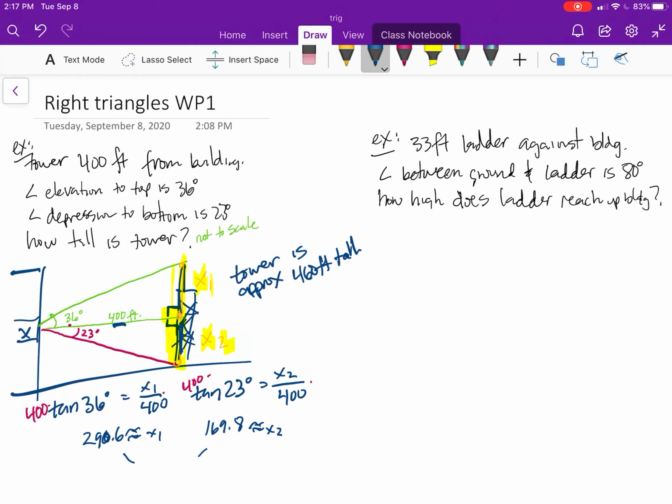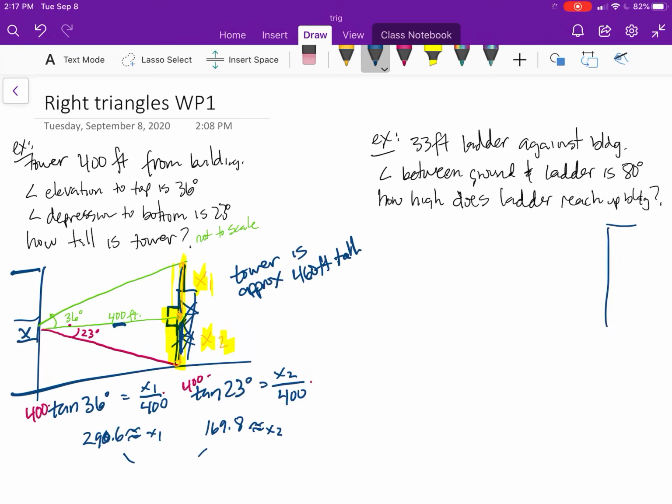All right. In this next example, a 33-foot ladder. Let me go ahead and read the entire problem, but I think what I have is almost everything. A 33-foot ladder leans against a building so that the angle between the ground and the ladder is 80 degrees. Okay, I wrote all that. How high does the ladder reach up the side of the building?